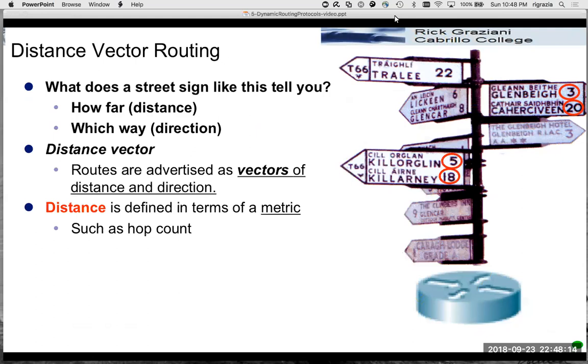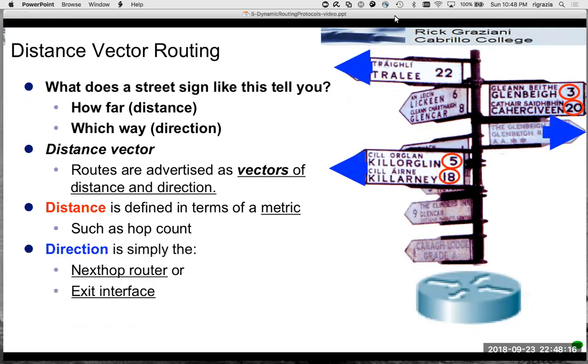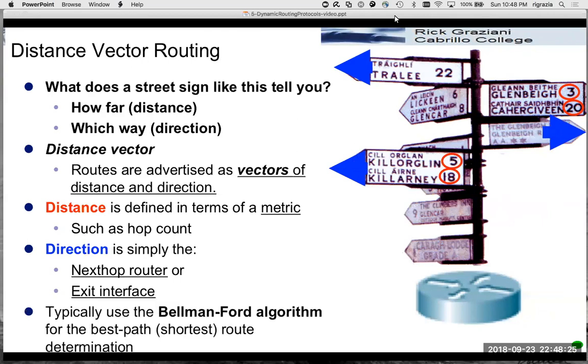RIP uses hop count, how many routers away. Direction is simply what is the next hop router? What is the exit interface I use to send packets to that next hop router? They typically use the Bellman-Ford algorithm to determine what is the best path.